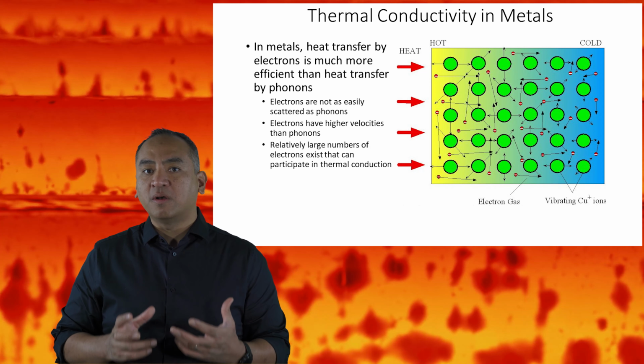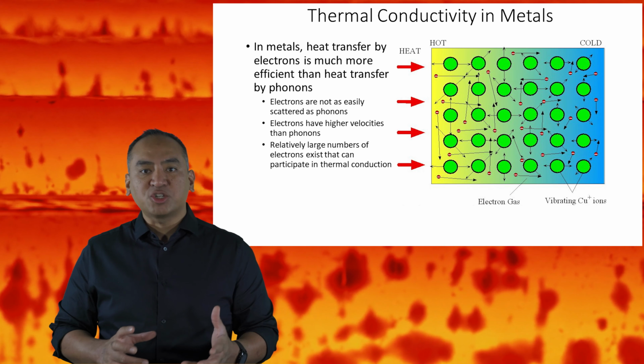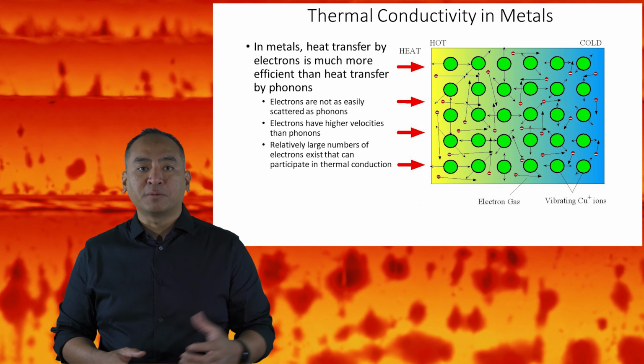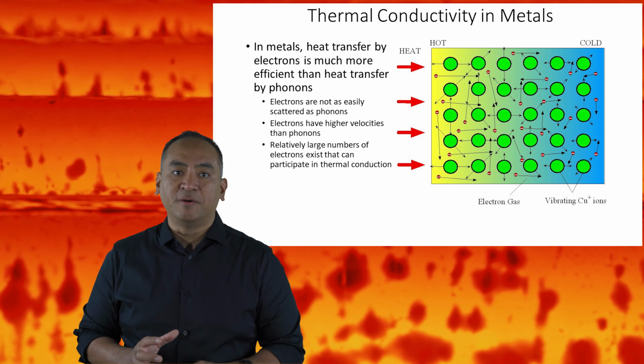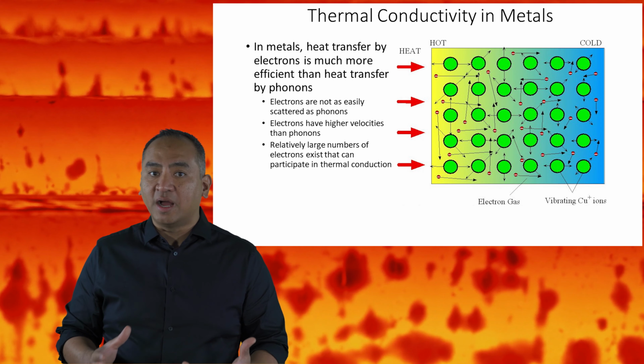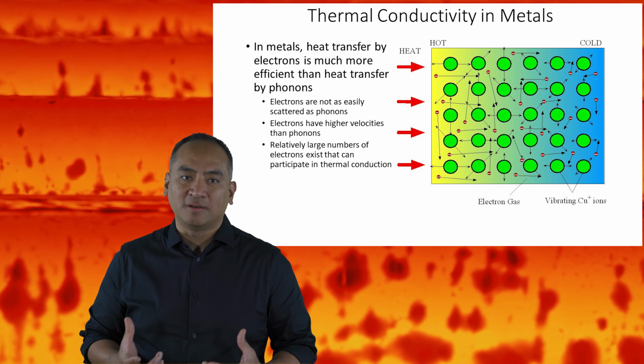Heat transfer by electrons is much more efficient than heat transfer by lattice vibrations. Electrons are not as easily scattered as phonons, and electrons move through a solid much faster than phonons. Furthermore, there are much more free electrons than phonons in metals that can participate in thermal conduction.